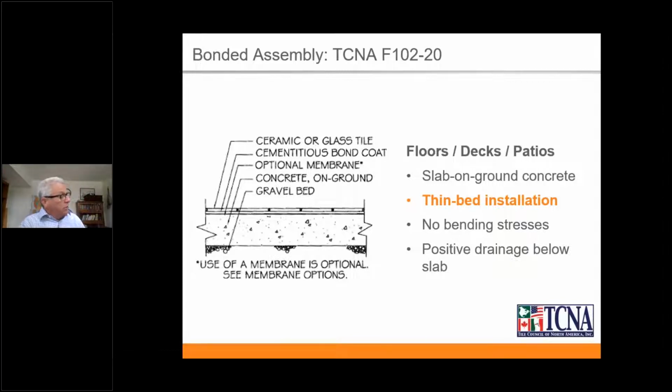And again, when you look at recommended uses, it's for exterior slab on ground construction, where no bending or stresses occur, positive drainage below the slab is provided, and thin bed installation of tile is desired, for example, floors, decks, or patios. So those are a couple of the details that have been around for quite some time and work quite well in many instances. And we'll get into what I mean by many, but not all, but they're there.